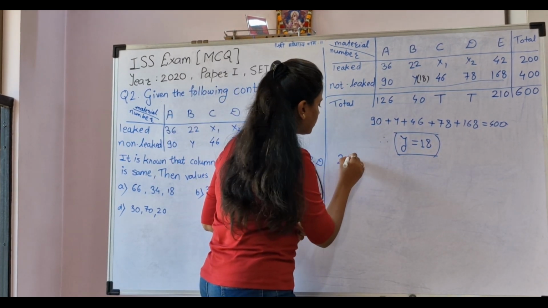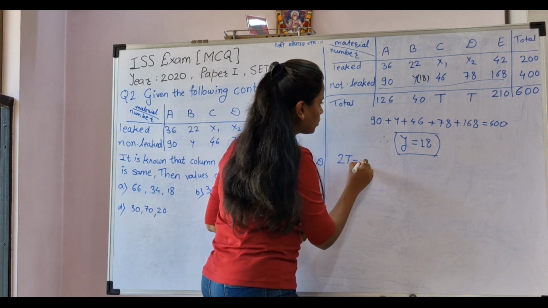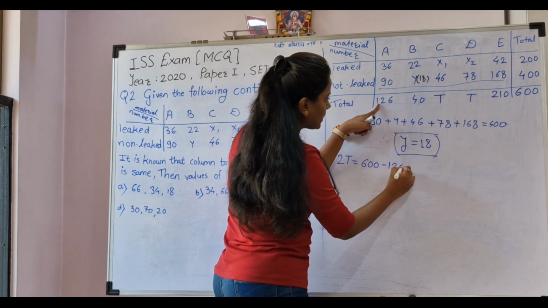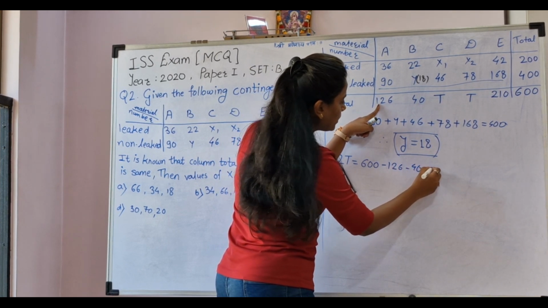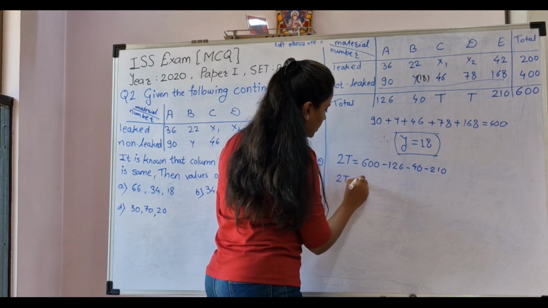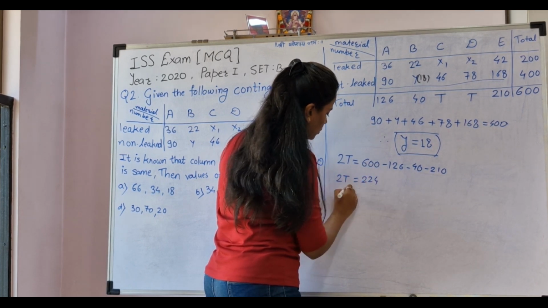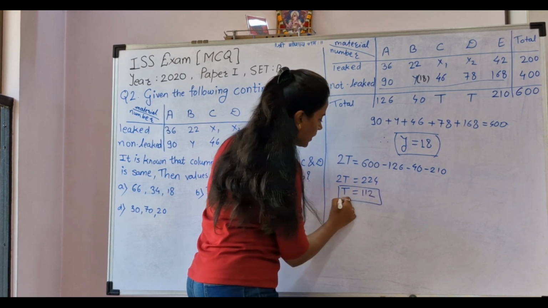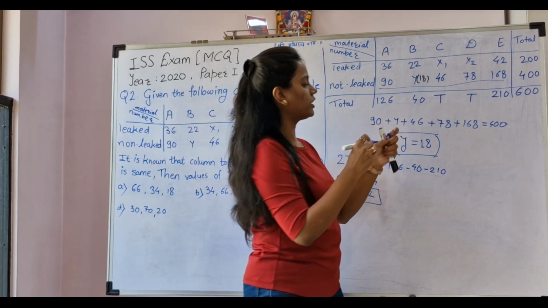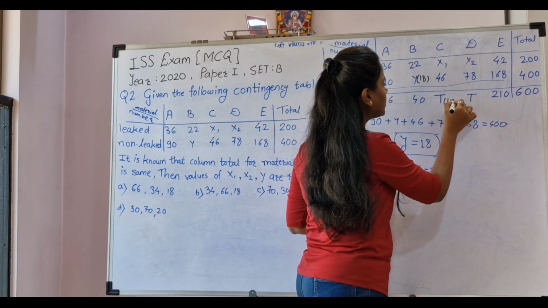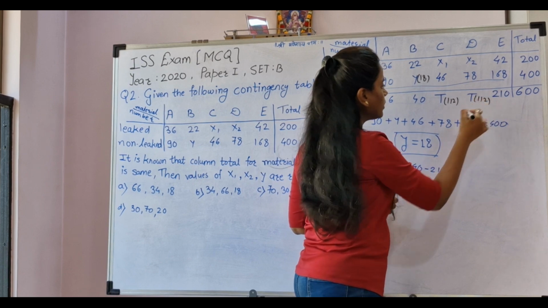So we will get 2 times T equals 600 minus 126 minus 40 minus 210. So here 2T equals 224. So the value of T is 112. Okay, and now as we got the value of T as 112, I am writing here 112 and 112.